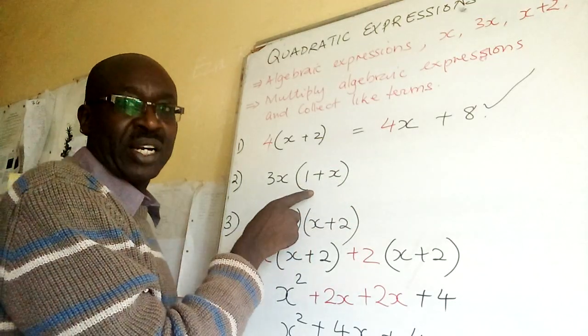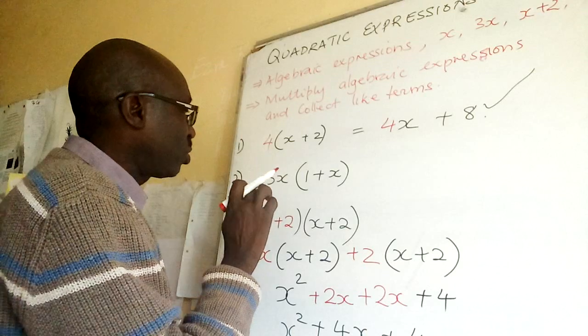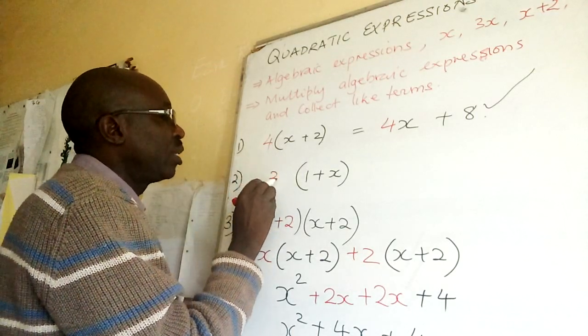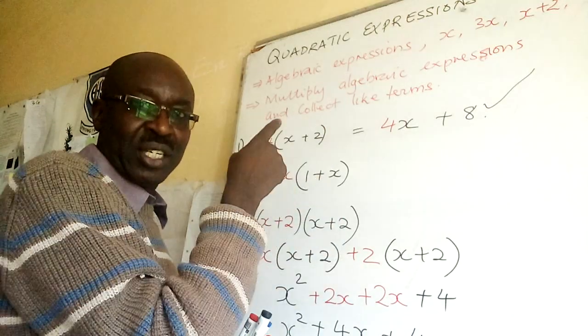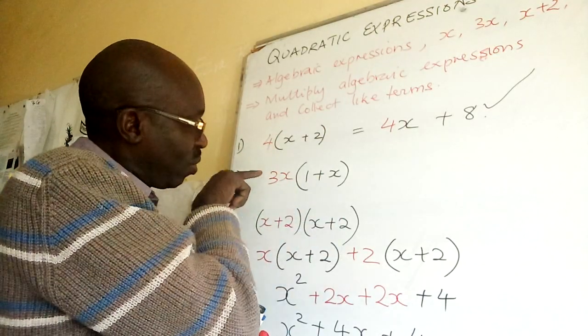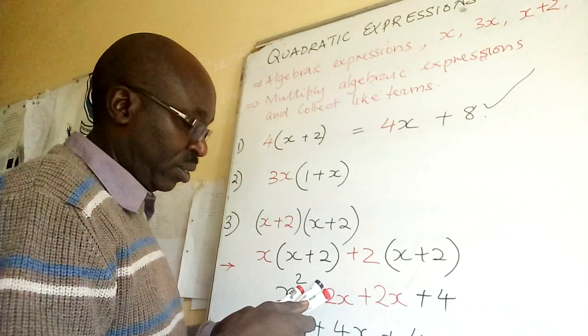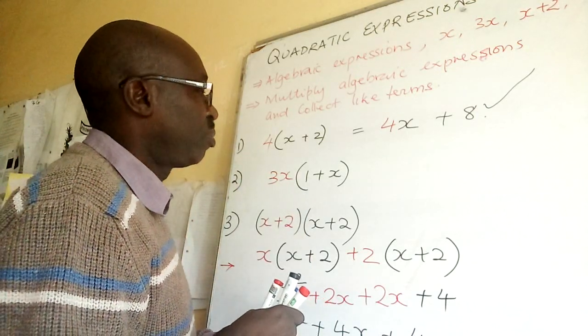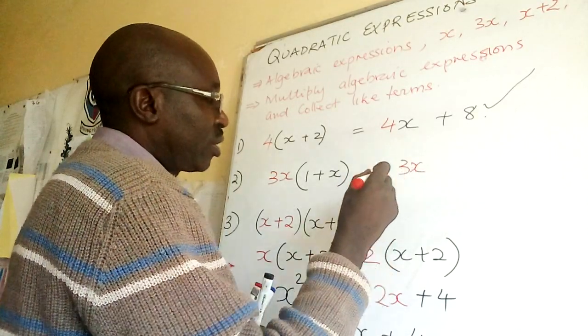Let us try another one here. So again, I color my work. Outside the bracket, I put 3x. That is the factor which is outside. Now I want it to go inside, one by one. So what do I get? 3x times 1 will give me 3x.